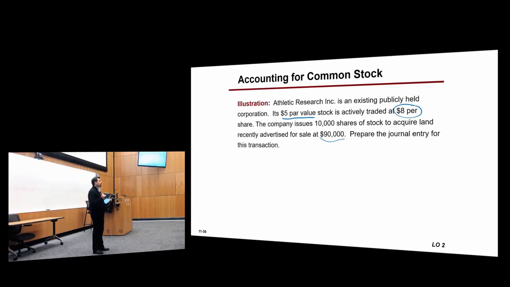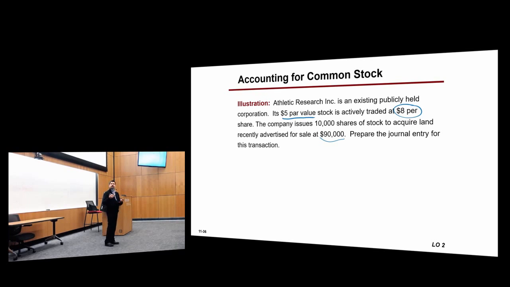If we did not have a better determinant of the cost of land, then you would use 90,000. In this case, you know for sure that their stock was traded on the market. In other words, they know that the value of those 10,000 shares is 80,000. That would be the cost.